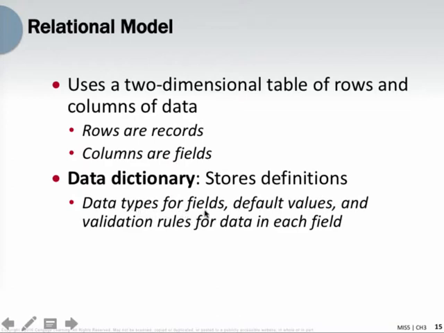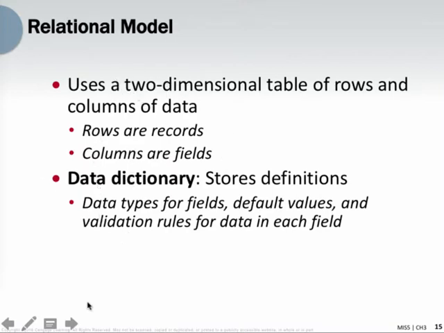So that's the type. The default value will be 800 something. And the validation rules will be that it has to start with 800 or 801. Otherwise, you can't put it into the table.